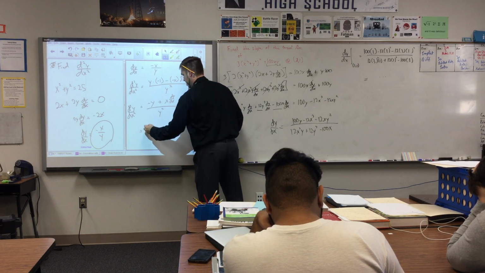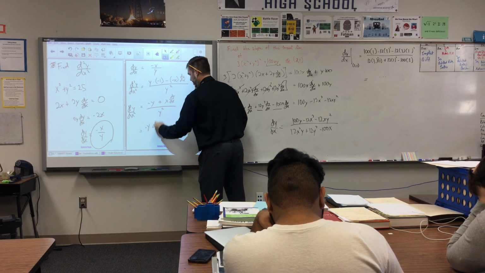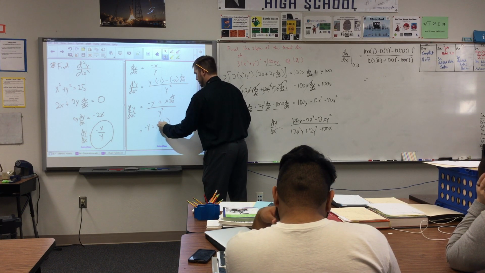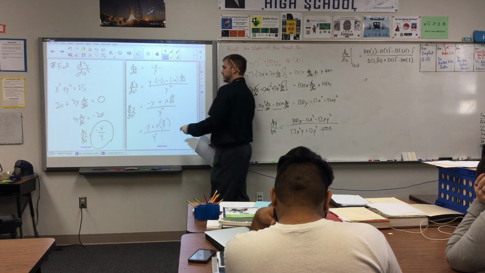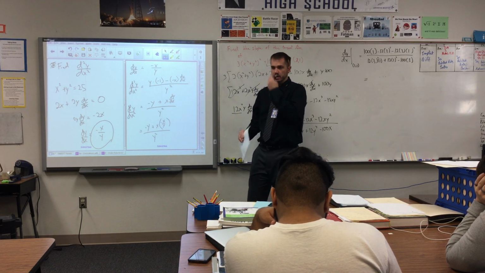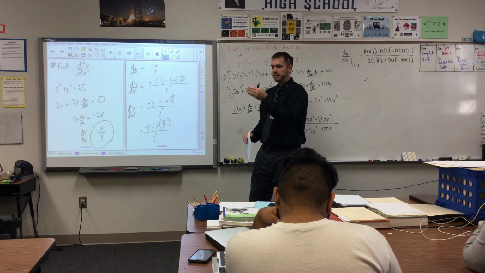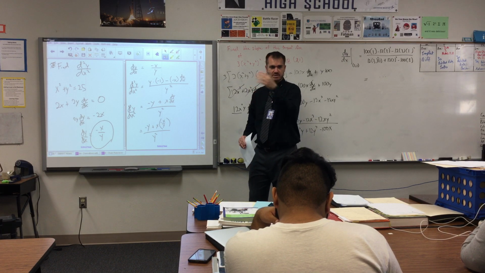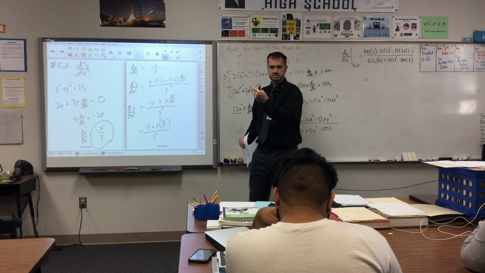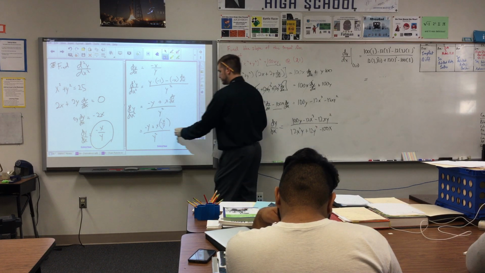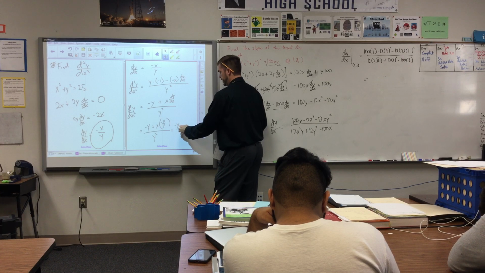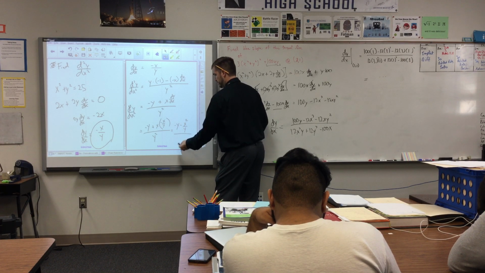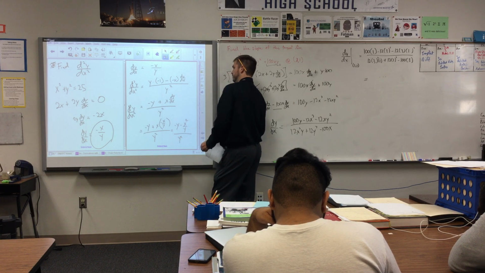So we have negative y plus x times negative x over y, divided by y squared. So it's sort of like we're doing the second part of the problem, but part of the second part requires us to know the first part to substitute it in. So that's going to be negative y minus x squared over y, divided by y squared.